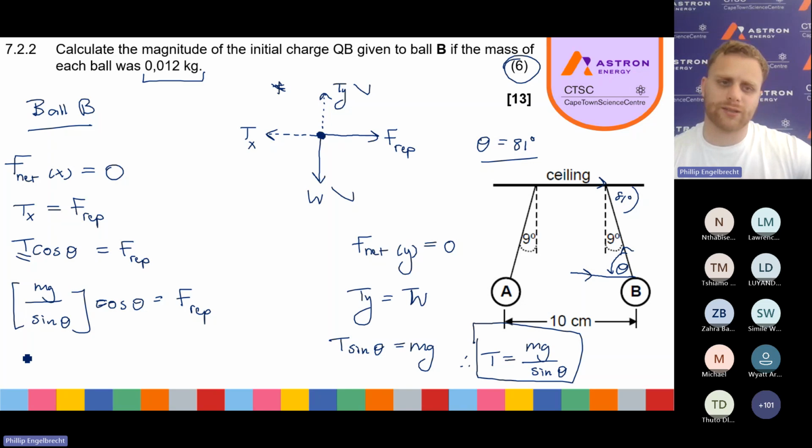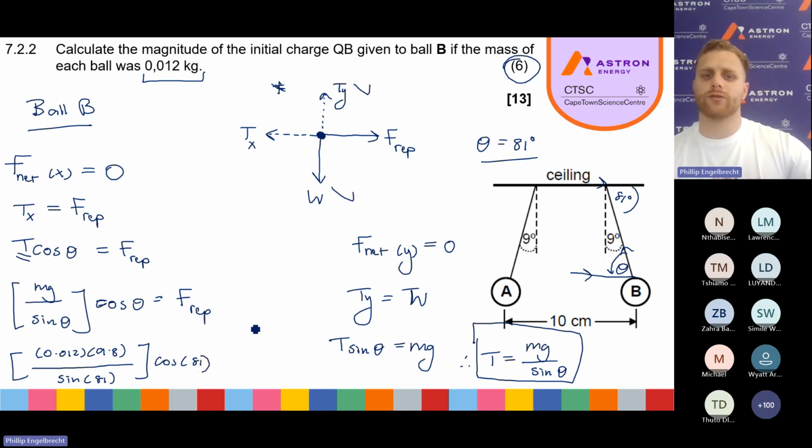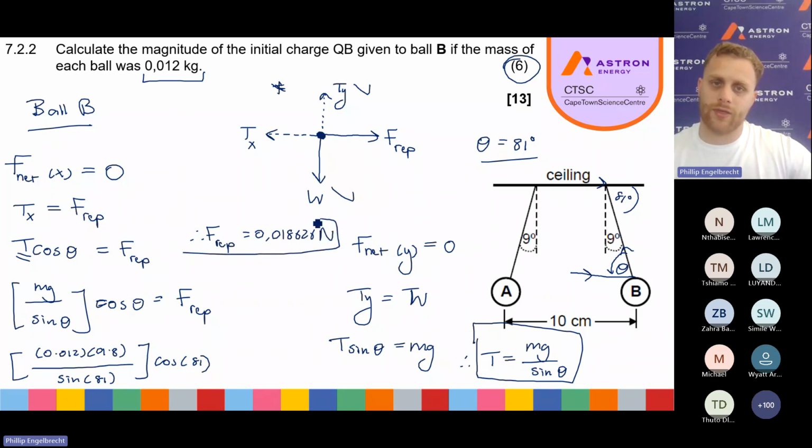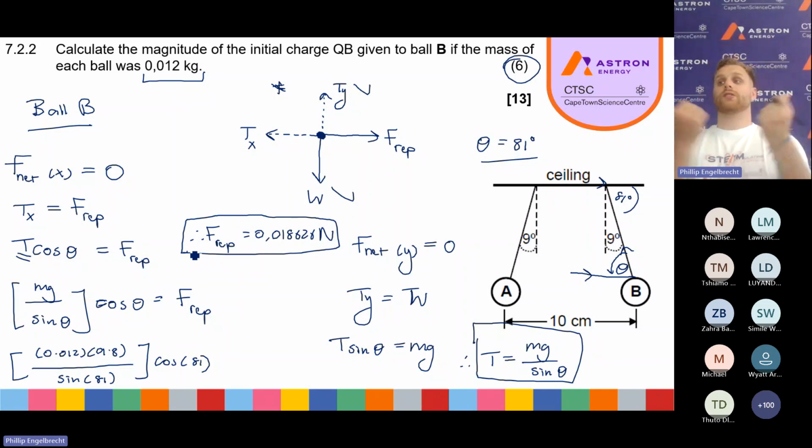So I substitute, and this becomes 0.012 times 9.8 divided by the sine of 81 degrees multiplied by the cosine of 81 degrees. And what you do, guys, you type that on your calculator and you get that the force of repulsion is equal to 0.018626 newtons. So that is the force at which these balls are pushing each other away.